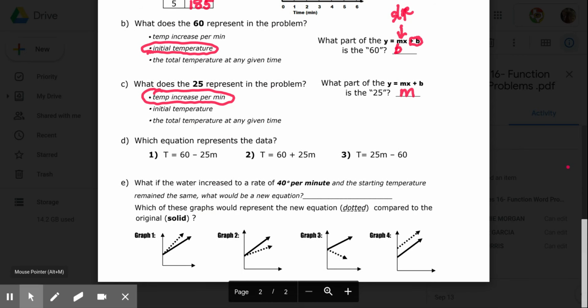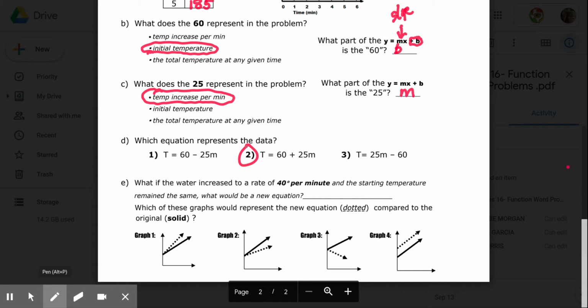All right, let's take a look at letter D. Which equation represents the data? Again, you start at 60, you're increasing 25 degrees per minute, so that would be number 2. What if the water increased at a rate of 40 degrees per minute? That means you probably went from an electric burner to a gas burner because it gets hotter that much faster.